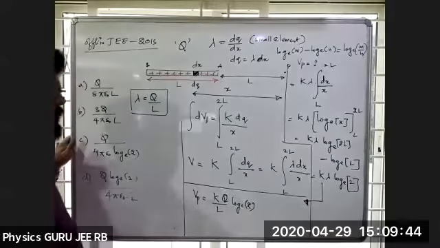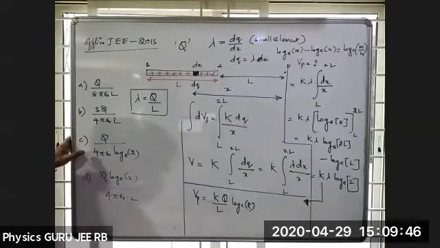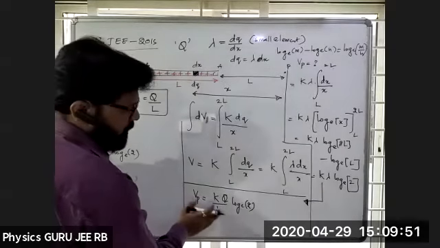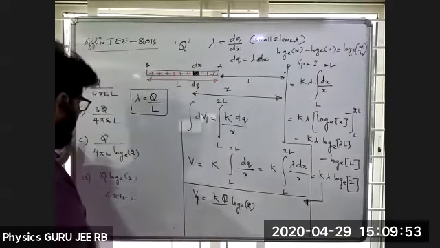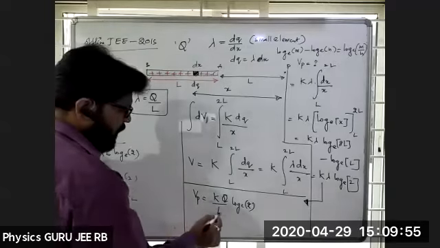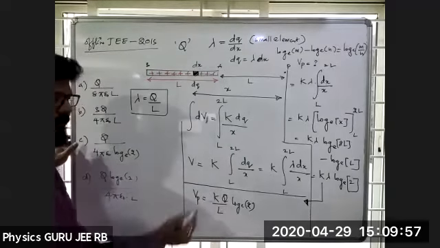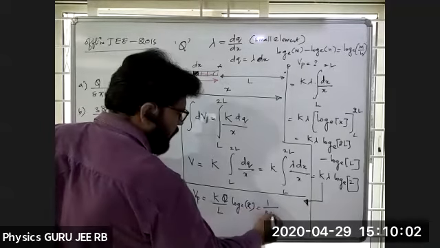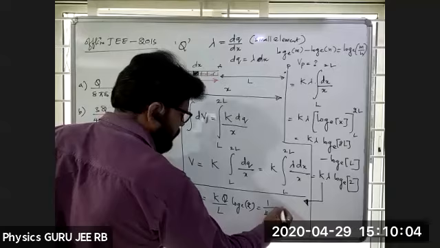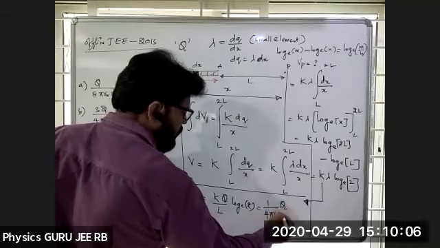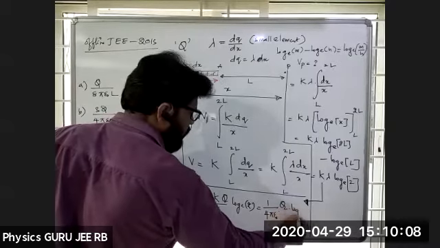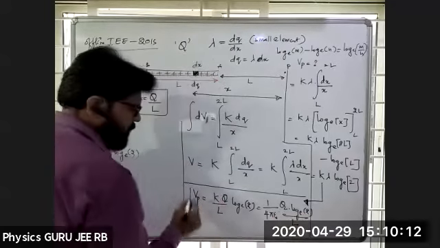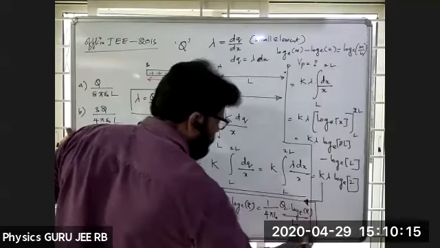K can be written as 1 by 4 pi epsilon naught. So 1 by 4 pi epsilon naught into Q into log of base e of 2 divided by L. That's all. So this is the final answer we got.